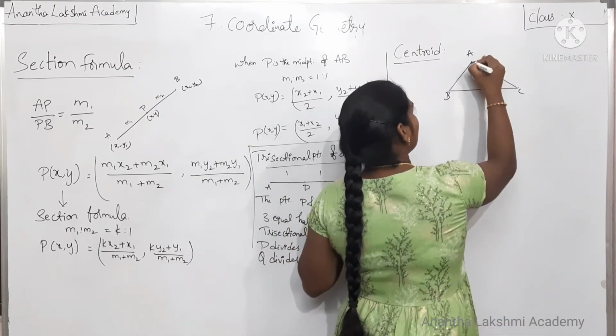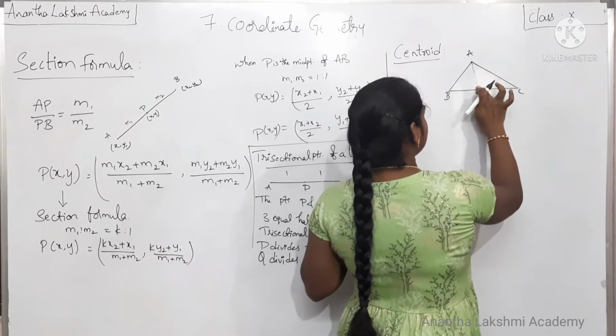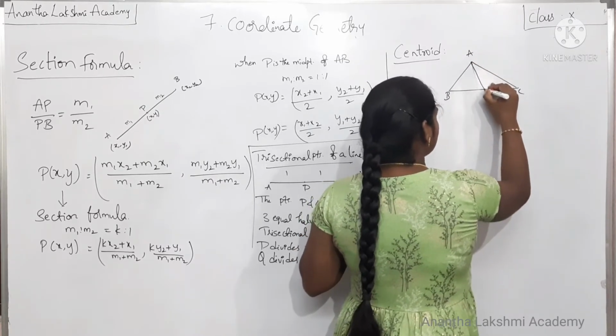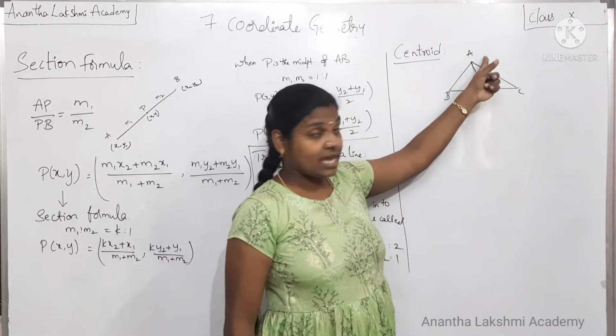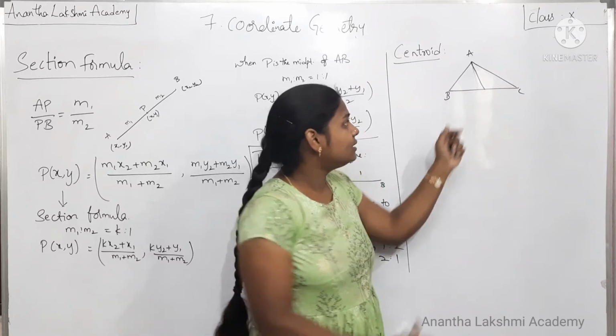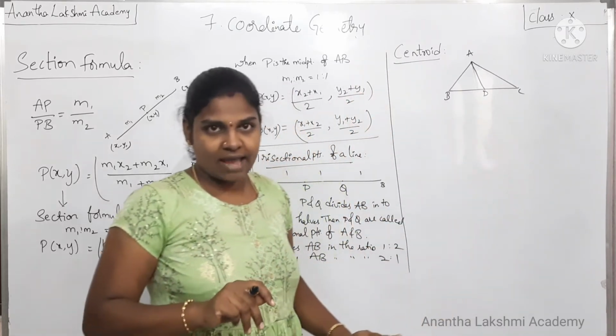From A I am going to draw one line. This did not divide BC into two equal halves, so better like this. So now BC is bisected by the line from A. Let me name this as AD. AD divides BC into equal halves.